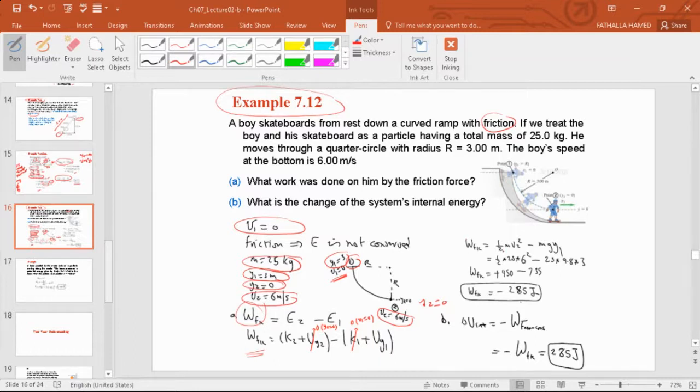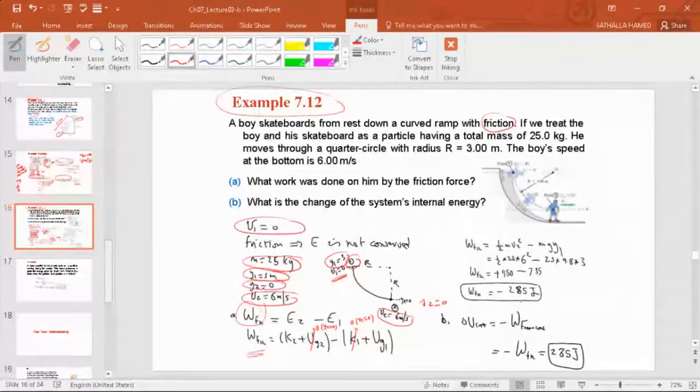So the work done by friction will equal 1/2 m v2 squared minus m g y1, which is 1/2 times 25 times 6 squared minus 25 times 9.8 times 3.